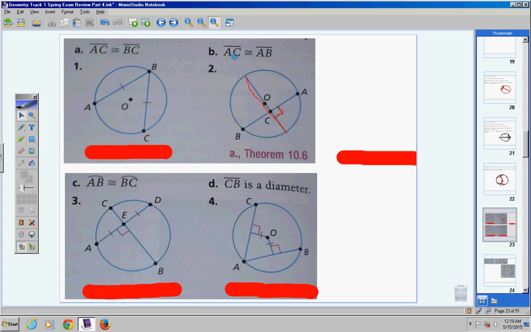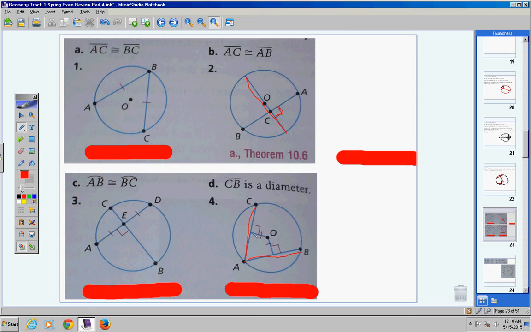Now, let's take a look at this here. AC is congruent to AB. Okay, right here it is. Look at this, students. AC is a chord, and it's congruent to AB, which is a chord. How do I know that? Because they're equidistant from the center of the circle. We just talked about this.